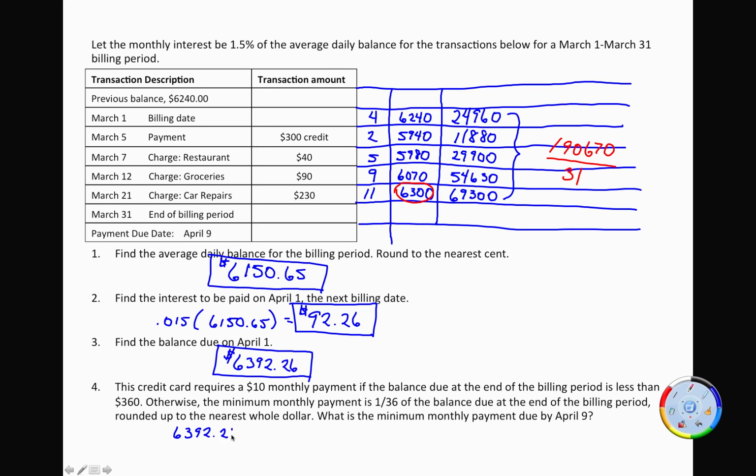Right, multiply by 1/36 or divide by 36. So if I take that 6392.26 and divide it by 36, I get 177.56, and it says round to the nearest dollar, so $178 is my minimum payment due for this particular card.